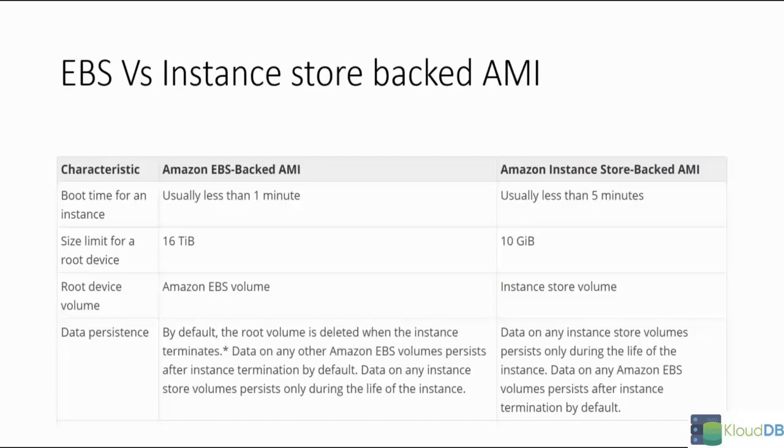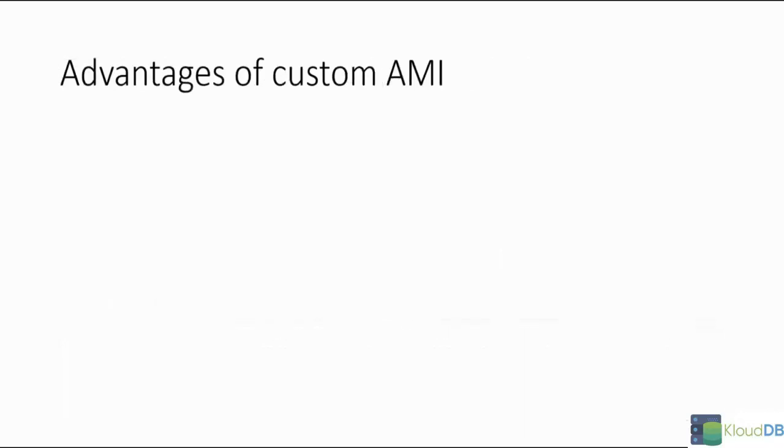The root device for EBS-backed is 16 terabytes, and Instance Store-backed is 10 gigabytes. You can see the difference in data persistence. When you use EBS, the data persists even after termination, even after you stop.